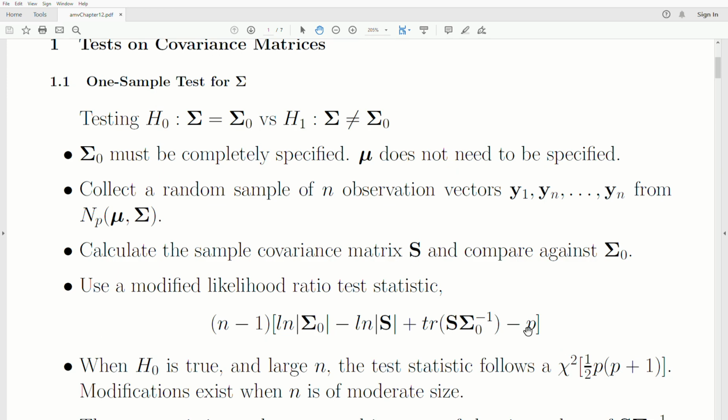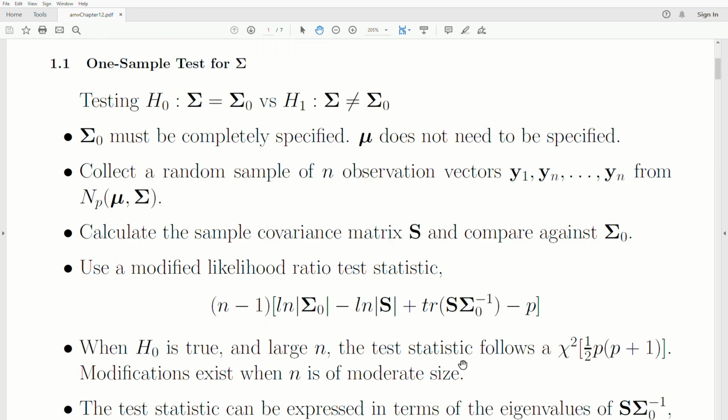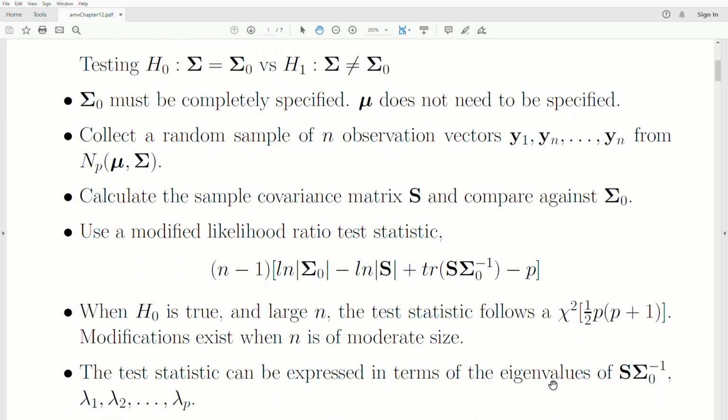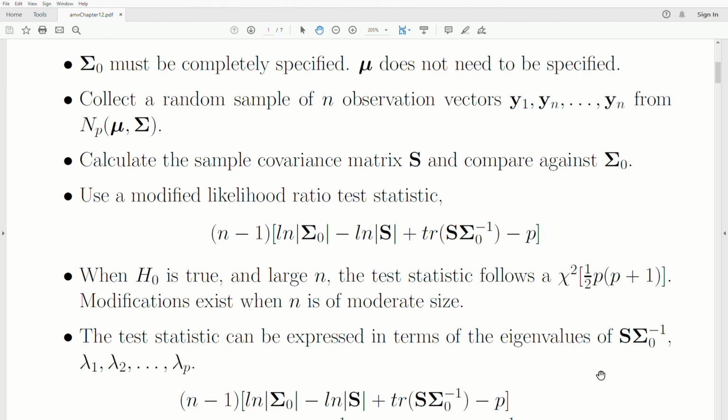Now, modifications to this exist when n is of small to moderate size, but we really won't cover that in this video. What's intriguing is this test statistic can be expressed in terms of the eigenvalues of this matrix product, which I find pretty fascinating.